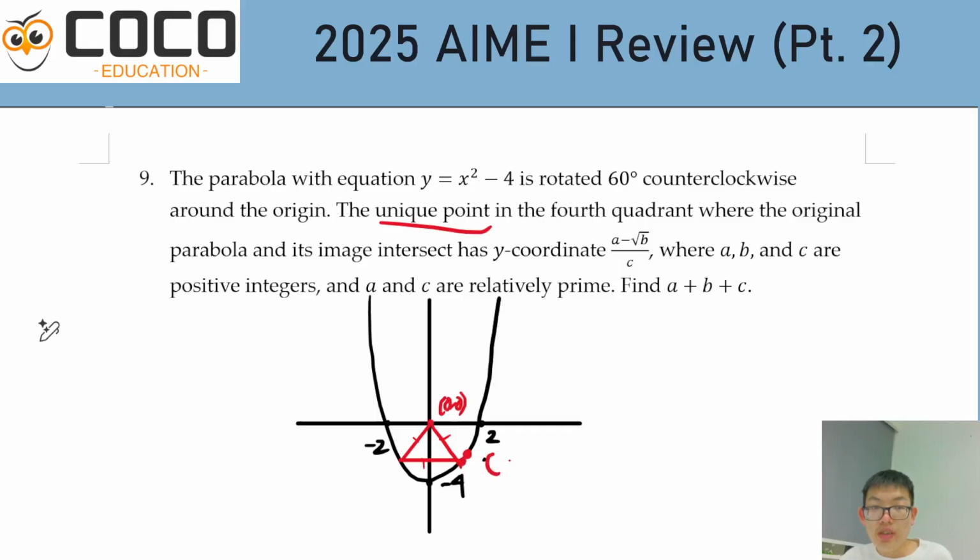So let's call this thing here a squared minus 4. This is negative a squared minus 4. And the distance here would be 2a.